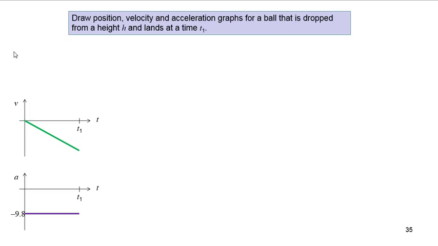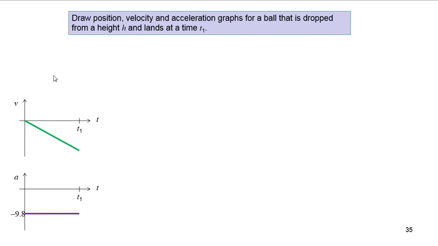Now we're going to draw the position, and this is going to be the y position. So what I want to think here is whatever the value of my velocity is, that should be the slope of this graph. So I want to start with something that has a slope of 0. In the beginning, I want it to be kind of flat. Then the slope becomes more and more negative because the velocity becomes a bigger and bigger negative value.